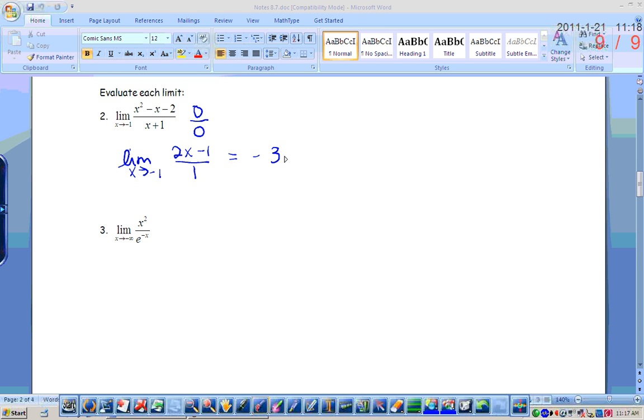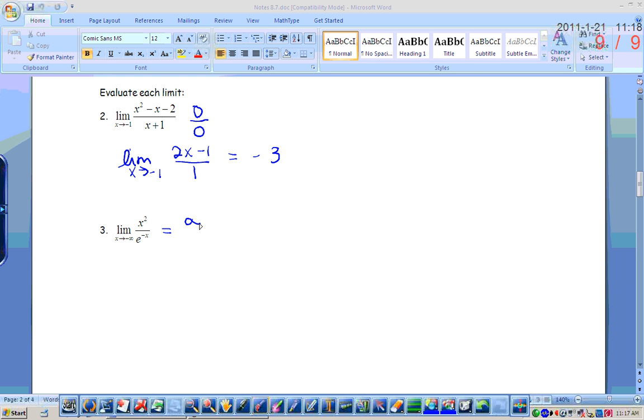Yeah, it's quick. So personally, I would rather take a derivative of a polynomial than try and factor it. All right, number 3. Set the limit as x approaches negative infinity. If I use direct substitution, negative infinity squared will basically give me what?